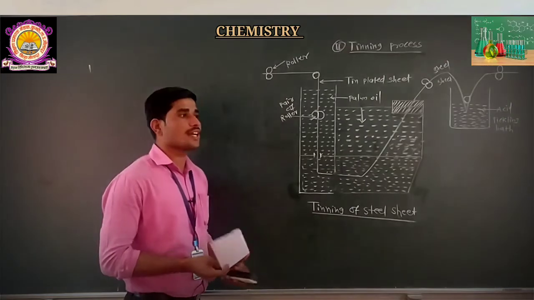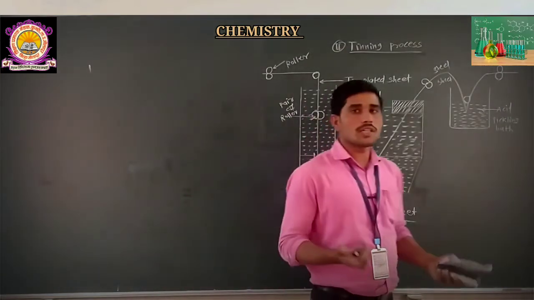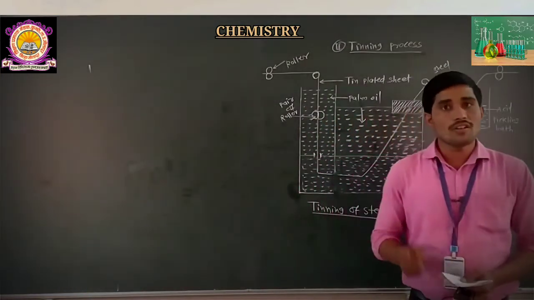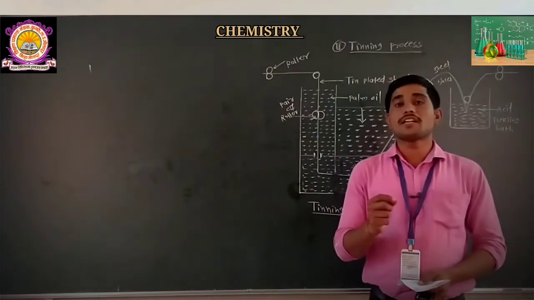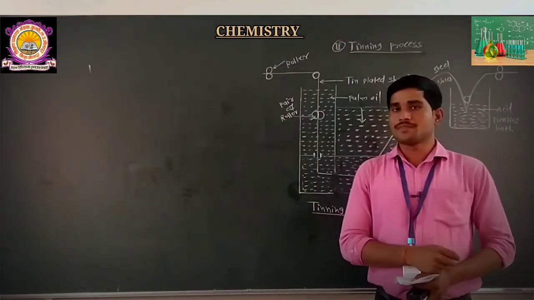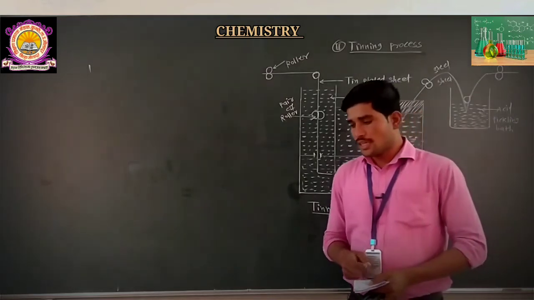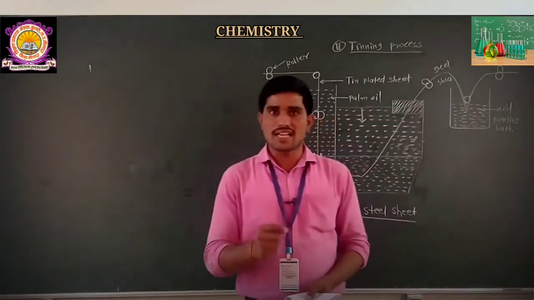Now again the question arises that what is meant by tin. So friends, tin is one of the chemical elements, and that chemical element is represented by the symbol Sn.